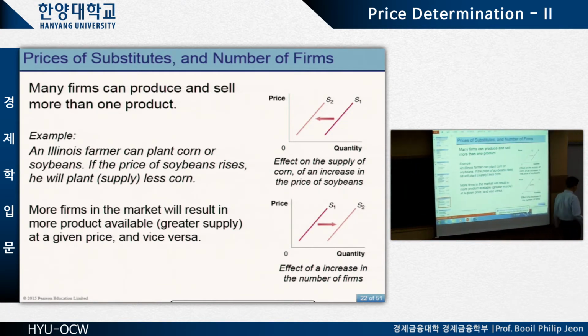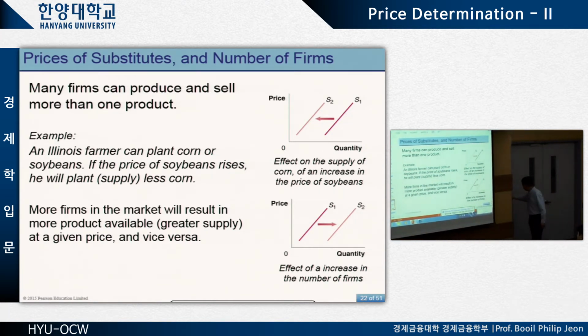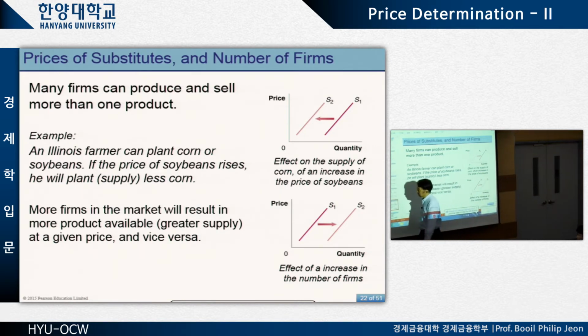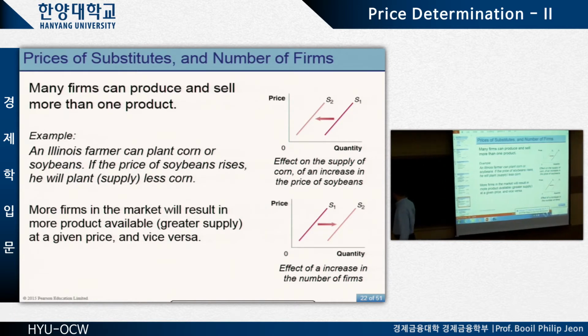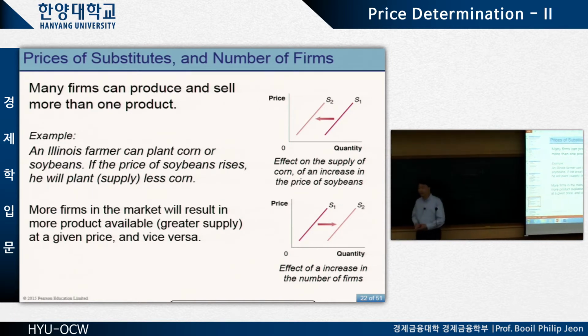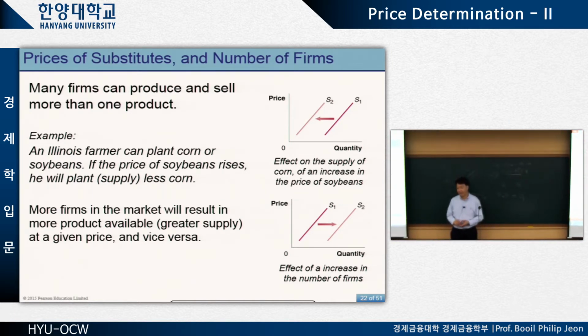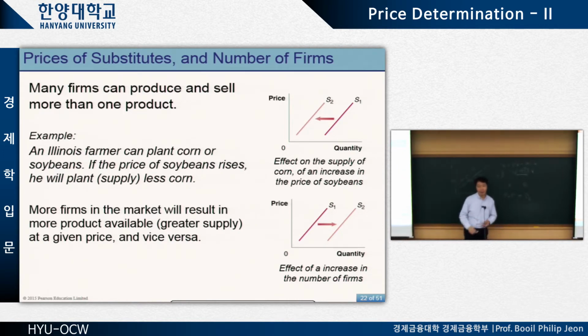Assuming A and B are substitutes in production, if the price of A goes up, what's going to happen to the demand for B? Still increase. Right?